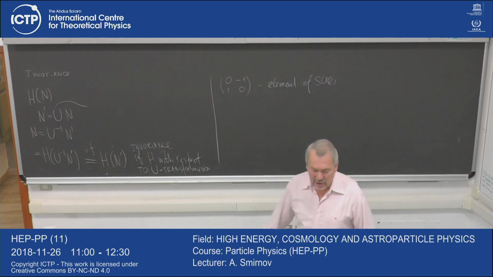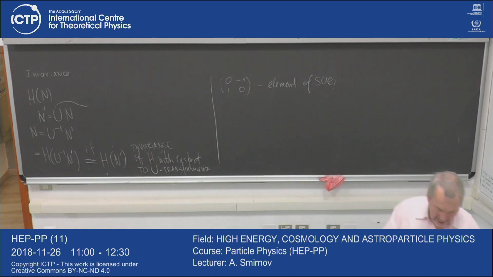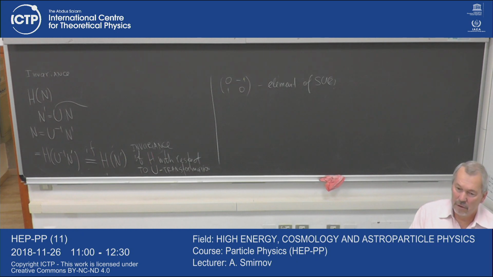So again, what is the sense of this discussion? Eventually, you want to describe invariance of strong interactions with respect to interchange of proton and neutron, right? So that's what was our original idea. So now the idea is that probably strong interactions are invariant not only with respect to permutation, but with respect to these SU2 transformations.